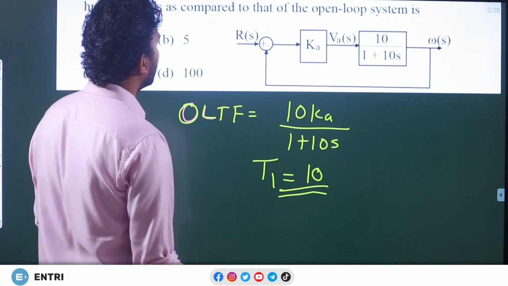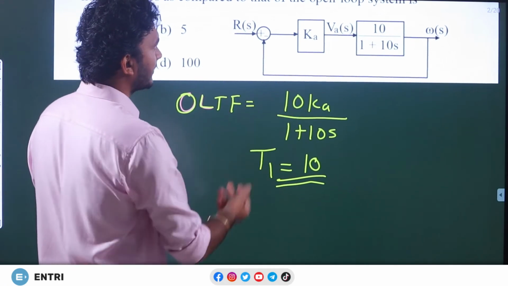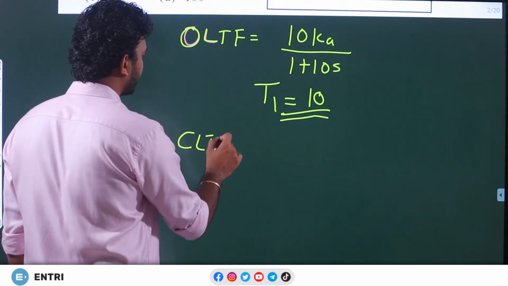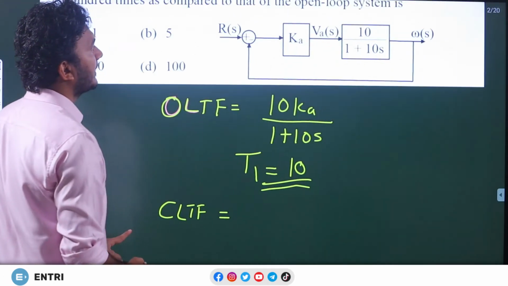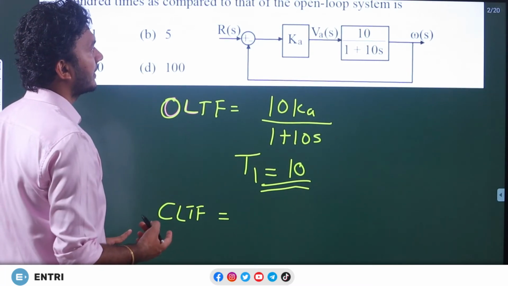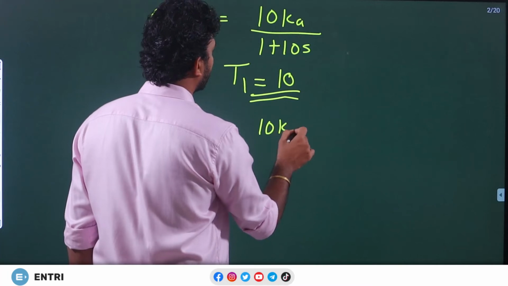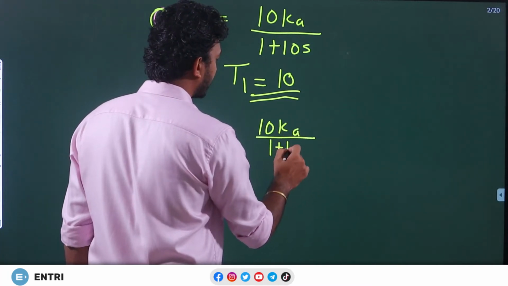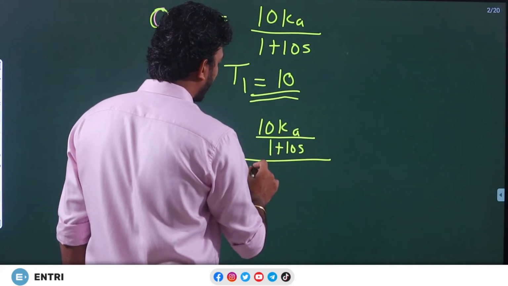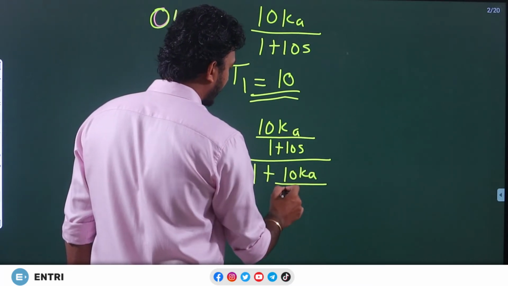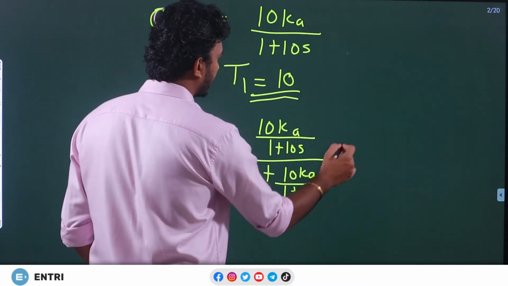Now we are making this a closed loop system. What is the CLTF? CLTF can be written as 10 Ka divided by 1 plus 10s, divided by 1 plus 10 Ka divided by 1 plus 10s.